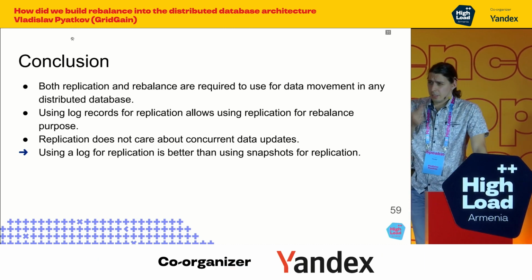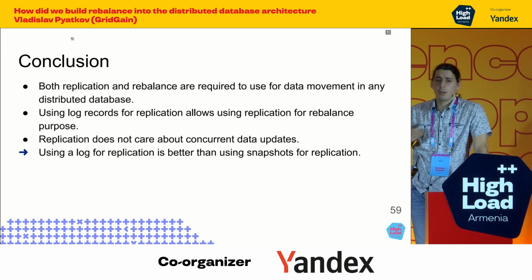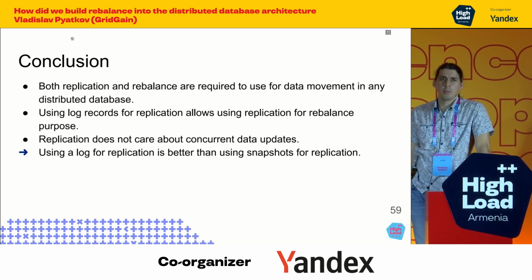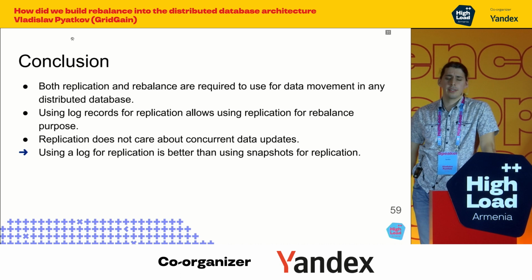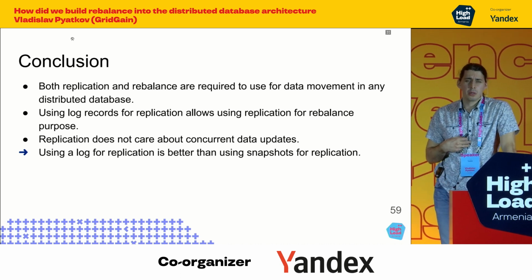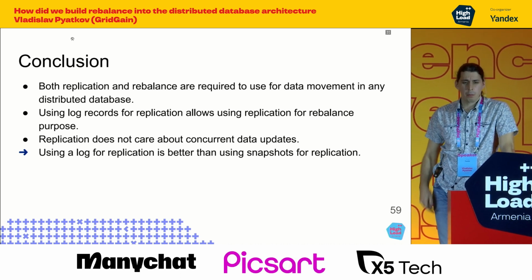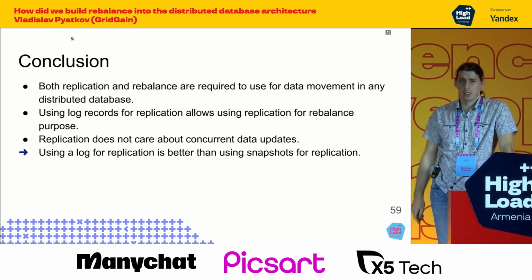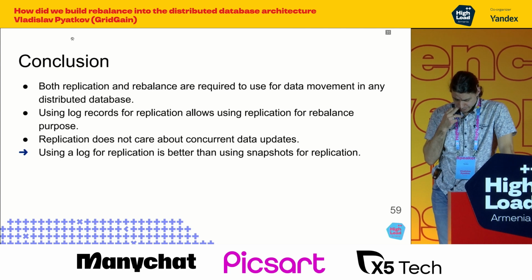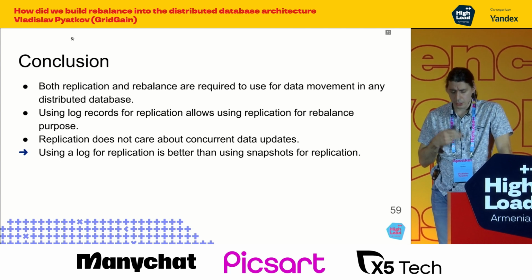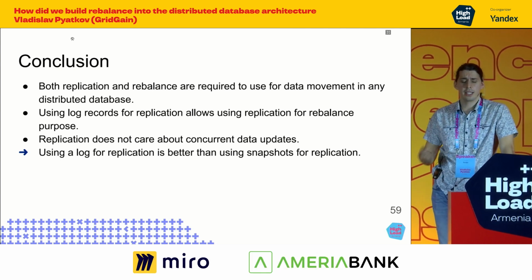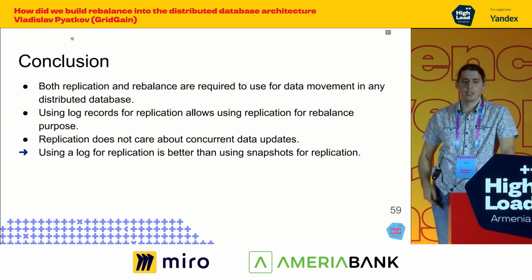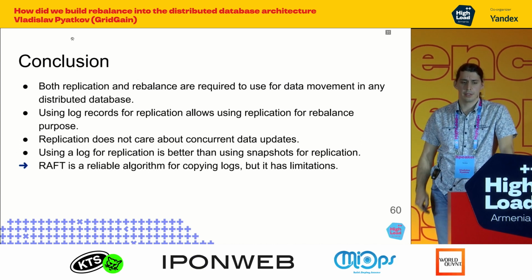Of course, replication based on a log record is, in the usual case, more preferable than replication using a snapshot, because log replication in the usual case requires less space and less time when we replicate data from one node to another.